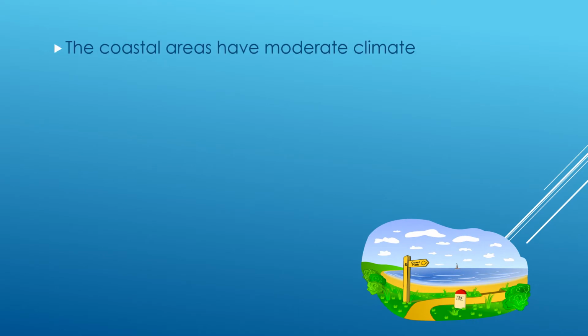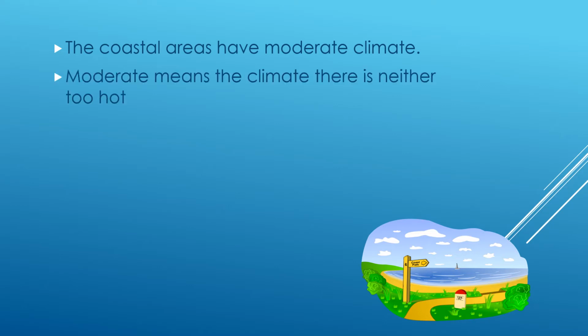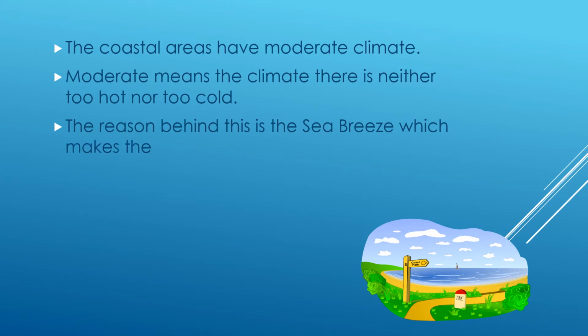The coastal areas have a moderate climate, as I have already told you. Moderate means that the climate is neither too hot nor too cold. The reason behind this is the sea breeze, which makes the land cool. What happens in summer?